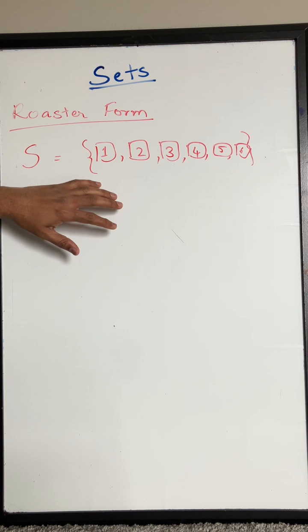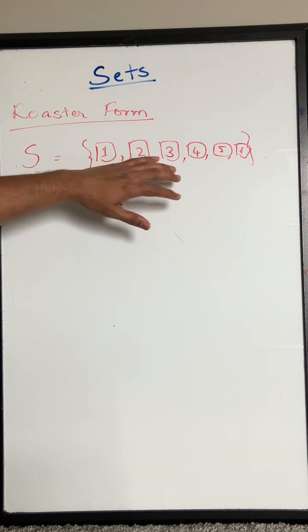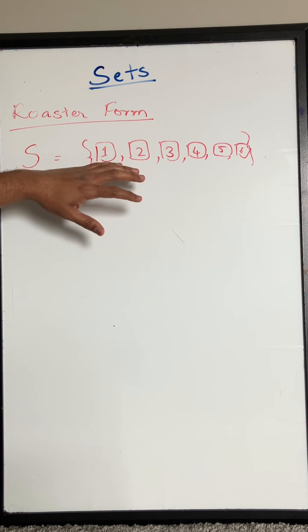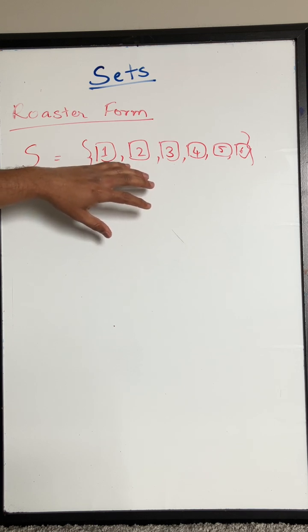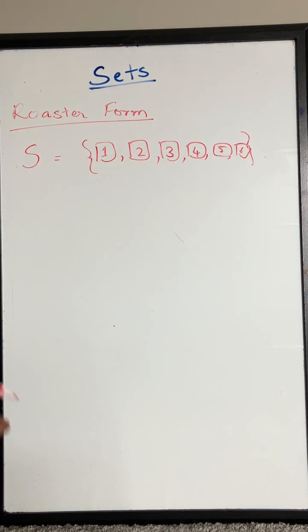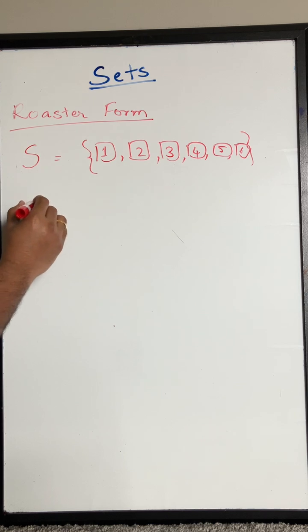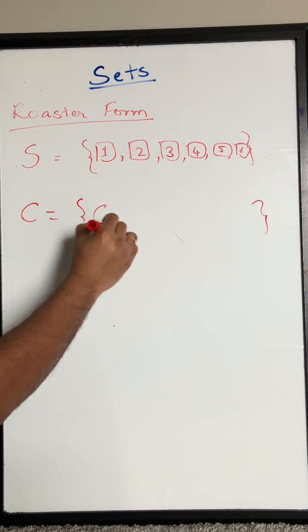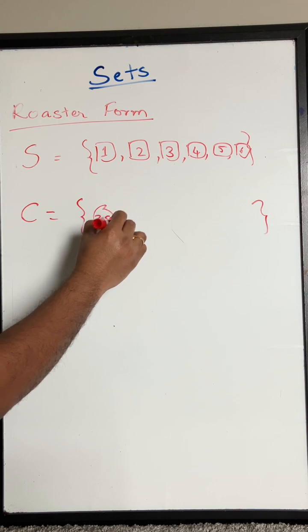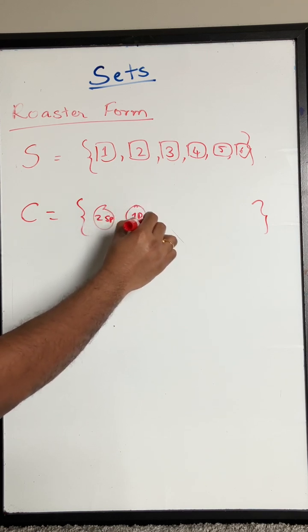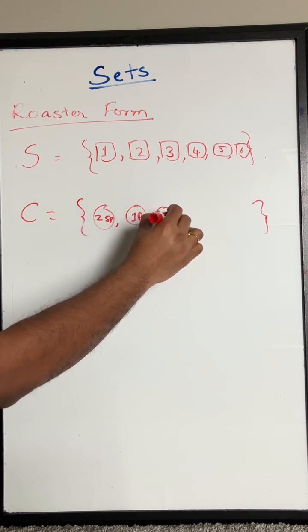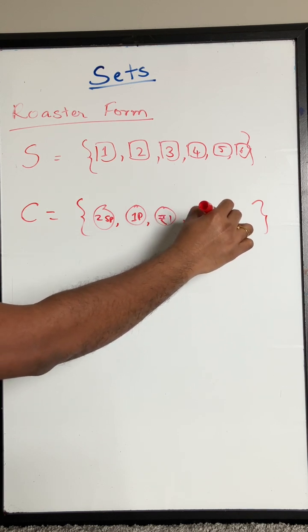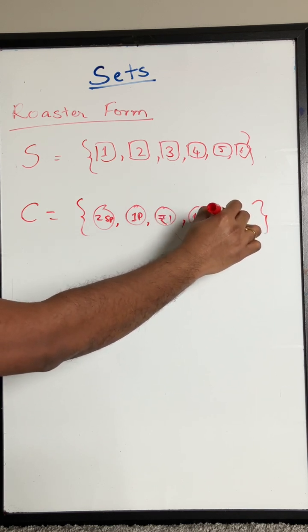Roster form is what? We are listing all the elements, nothing but our stamps, but in mathematical terms we call them elements. This is a collection of stamps. If I have a collection of coins, then I have a 25 paise coin, 1 paise, 1 rupee, and a different one, then 10 rupees.